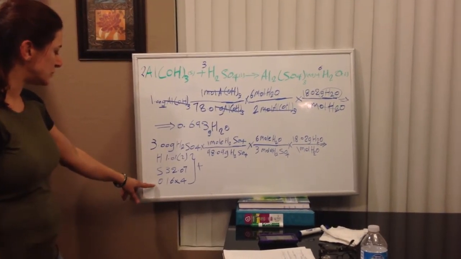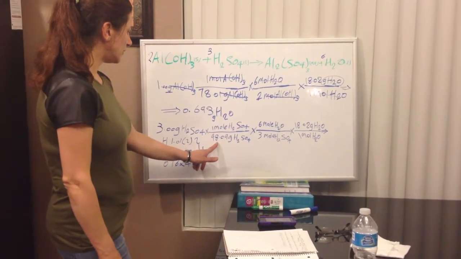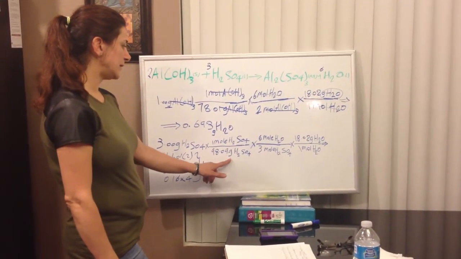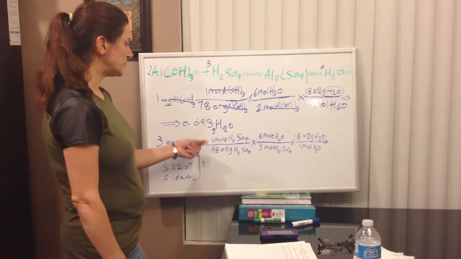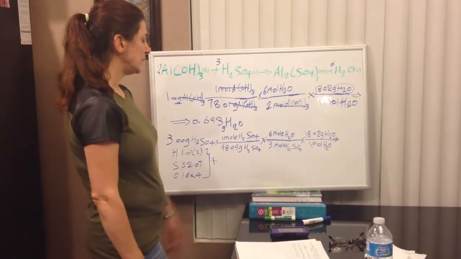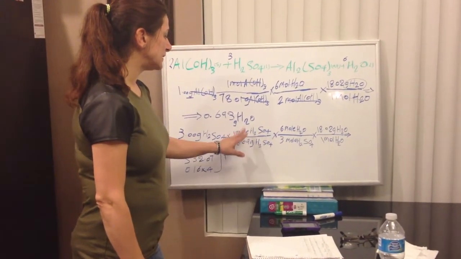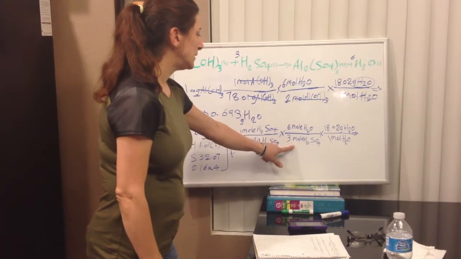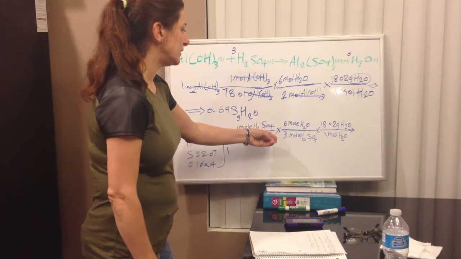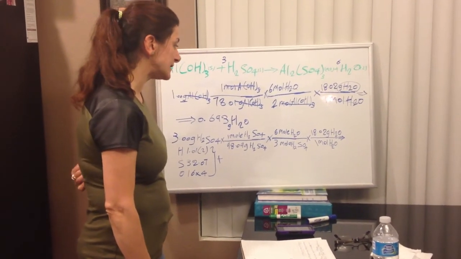So we got the mass of our sulfuric acid, which is 98.09 grams, which means 1 mole of sulfuric acid is 98.09 grams. After that, when we get from mass to mole, we're going to go mole to mole, because we're looking for how much water is produced from the sulfuric acid.